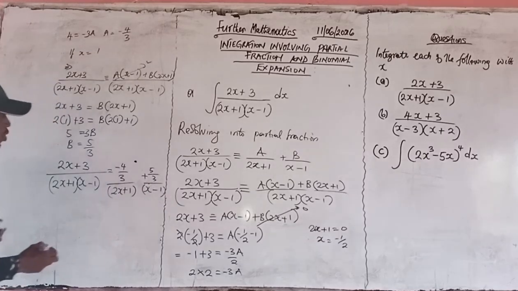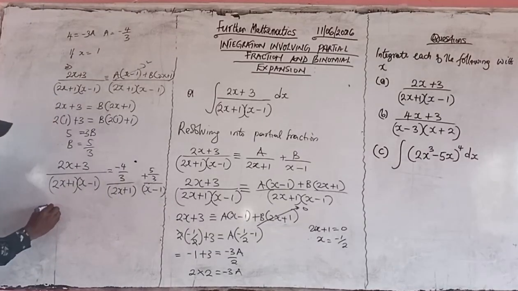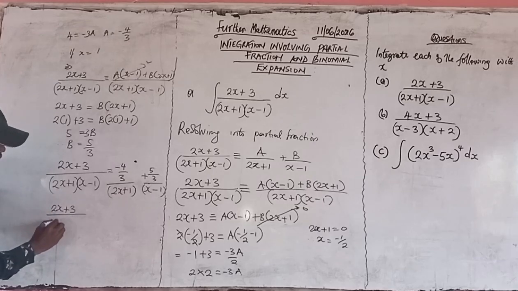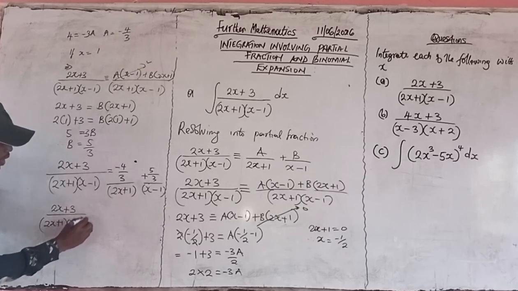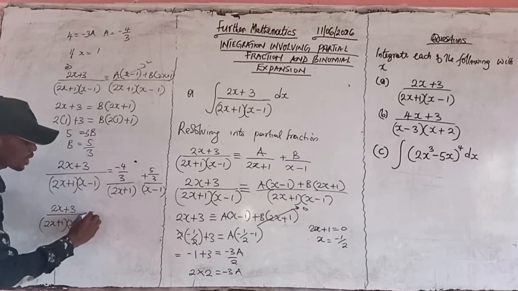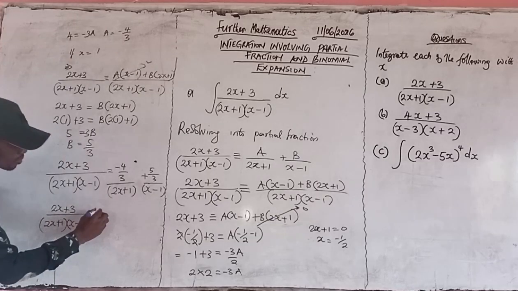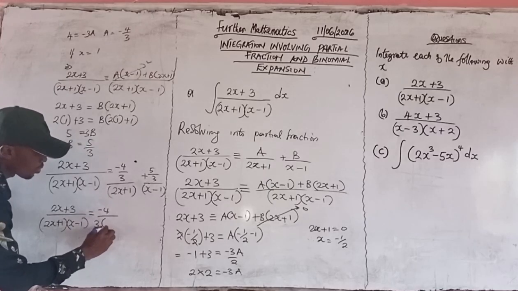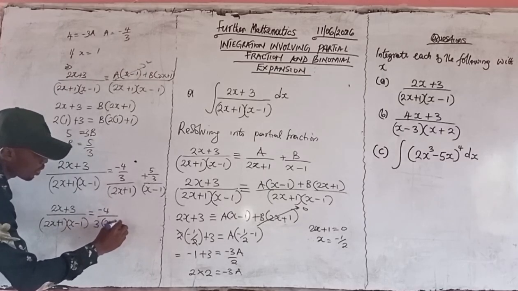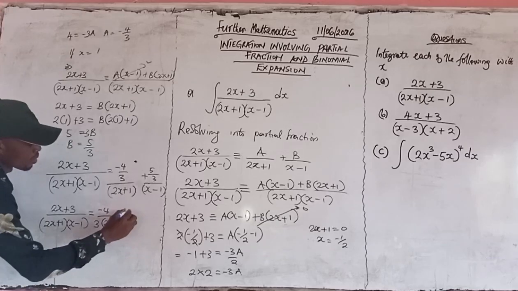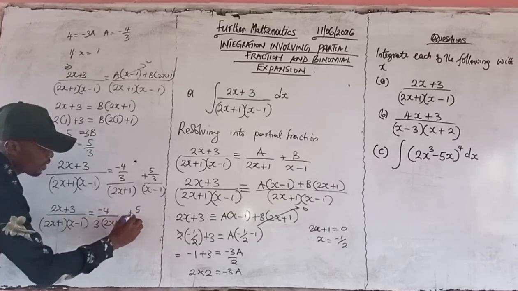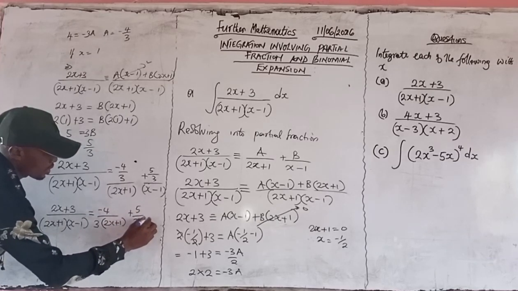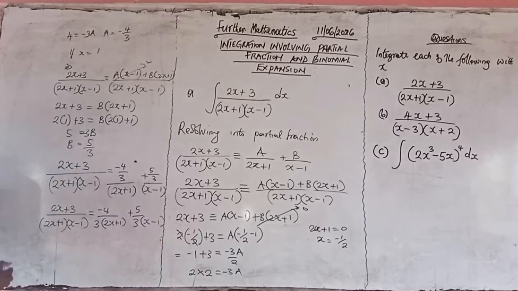So you can write it properly as minus 4 over 3(2x plus 1) plus 5 over 3(x minus 1).